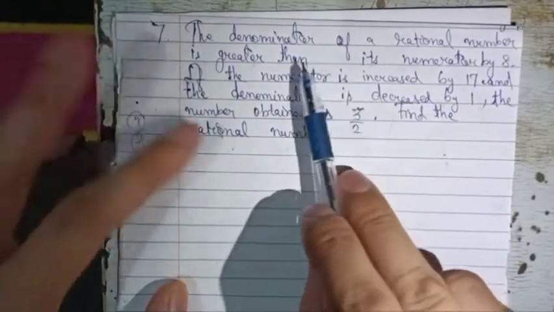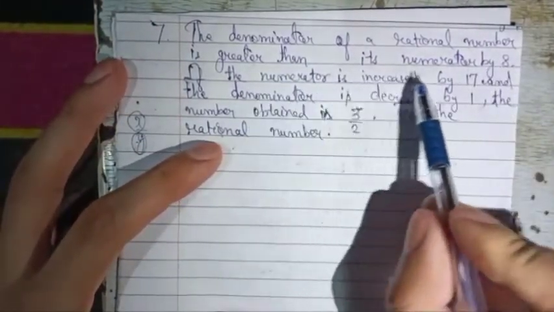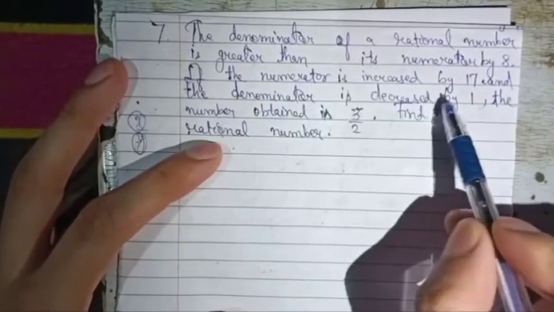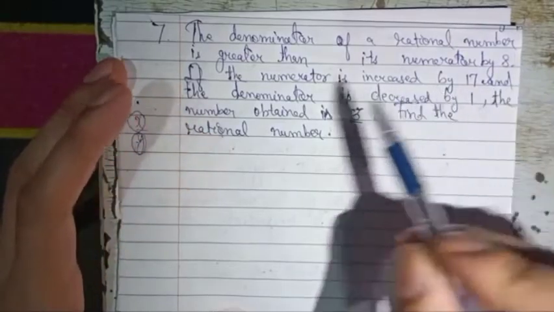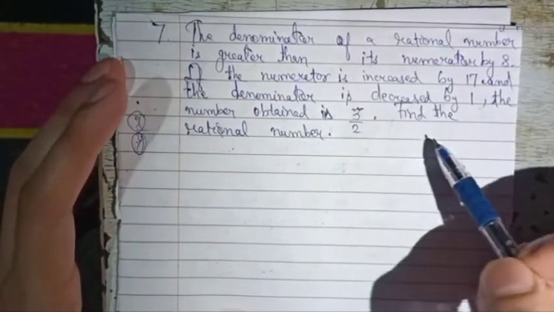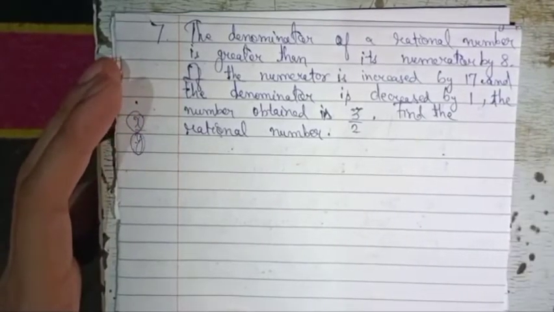Then it is given that the denominator of a rational number is greater than its numerator by 8. If the numerator is increased by 17 and the denominator is decreased by 1, the number obtained is 3/2. Find the rational number. Now according to the question only, we will assume the fraction.